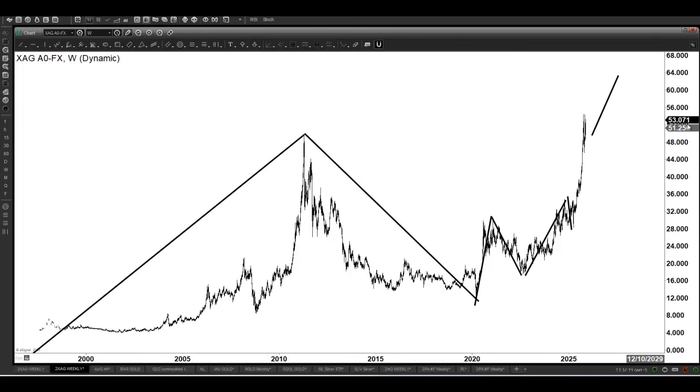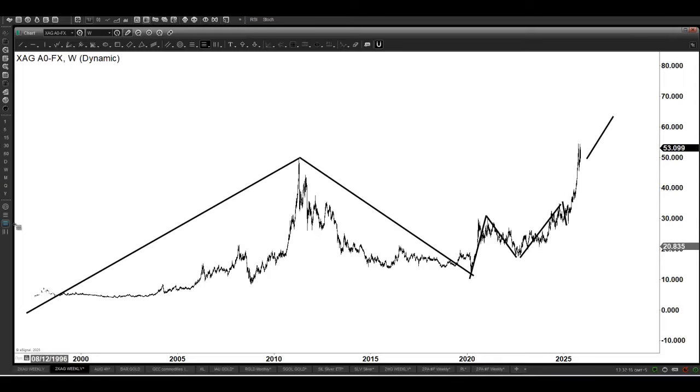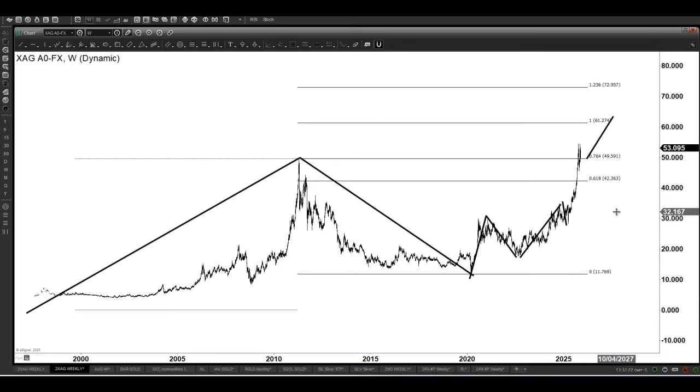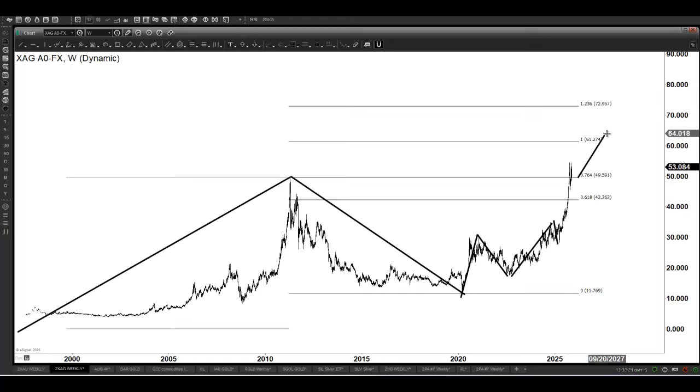And this might sound crazy to some of you guys, but I'm the same person that when silver was trading at 14, I was screaming to Elliott Wave Forecast members, buy silver with the target at 60.